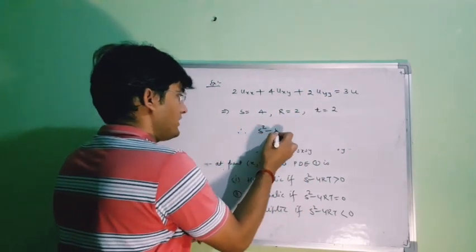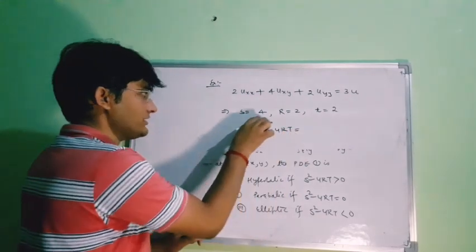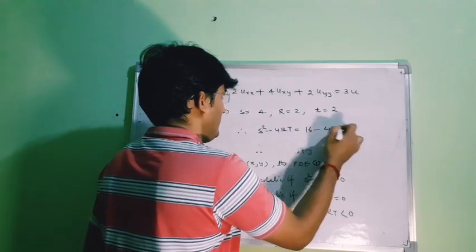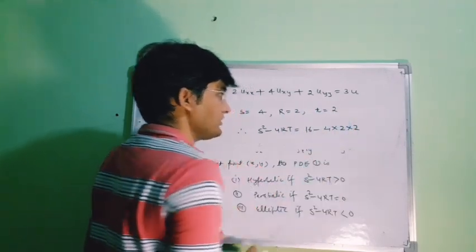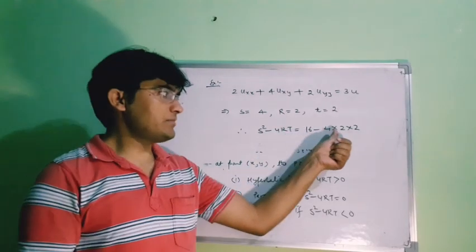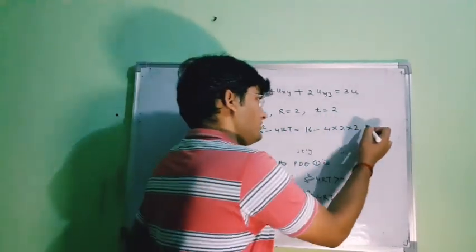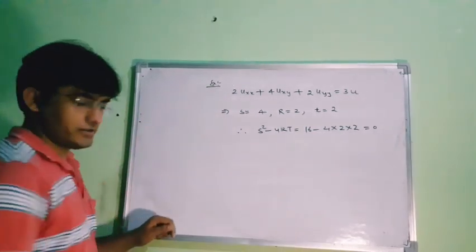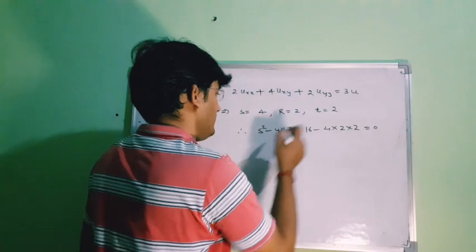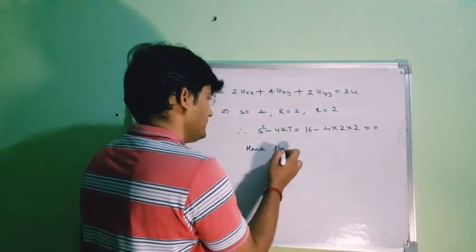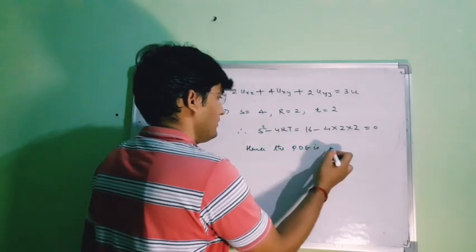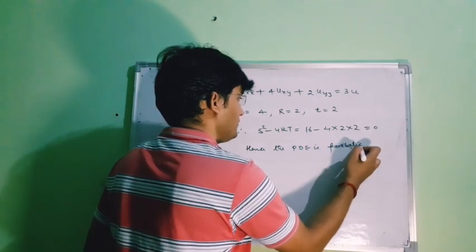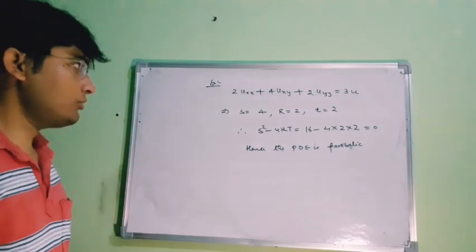Therefore s square minus 4rt will be 16 minus 4 times 2 times 2, so this is 16 minus 16. As it is equal to 0, we can say that the PDE is parabolic. So the nature of the partial differential equation is parabolic.